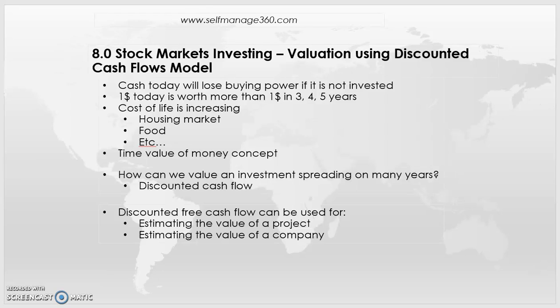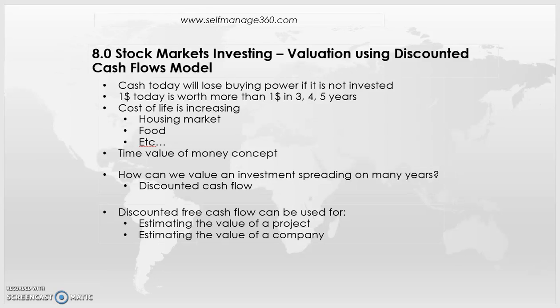Normally, the buying power of money is reduced as we move in time because of inflation. We know that the cost of living is increasing. Housing, food, whatever you want to buy, normally it costs more today than yesterday, and is going to cost more in 5 years than it costs today.